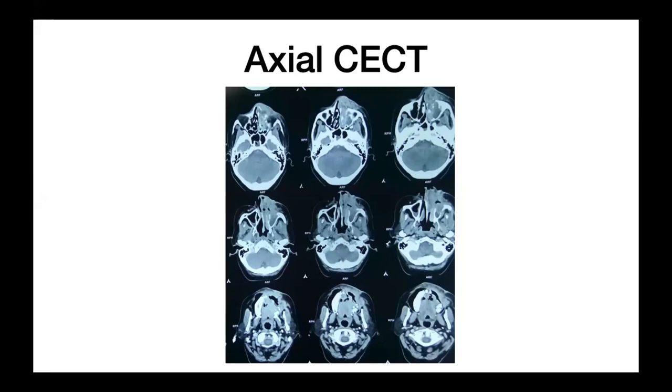However, the mass does not extend into the infratemporal fossa, does not involve the pterygoids or muscles. There is erosion of the hard upper alveolus up to the midline, we can see in the scans. And the nasopharynx is free. Pterygoids are free.